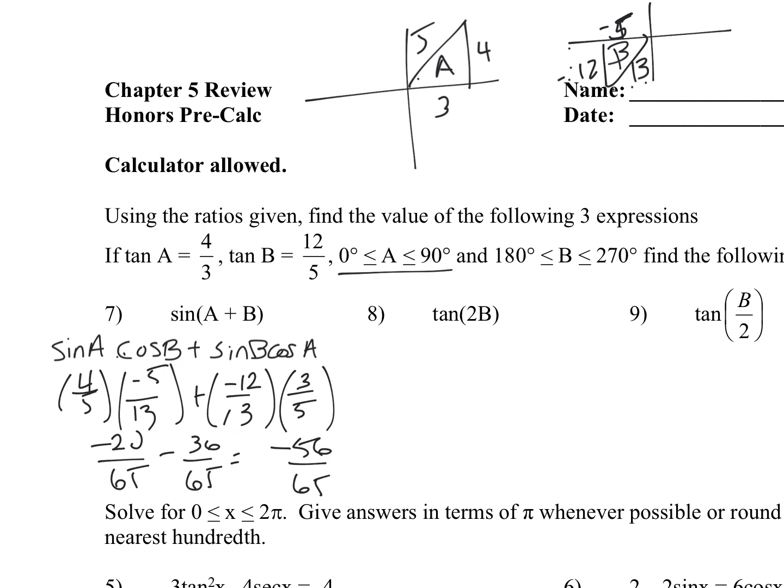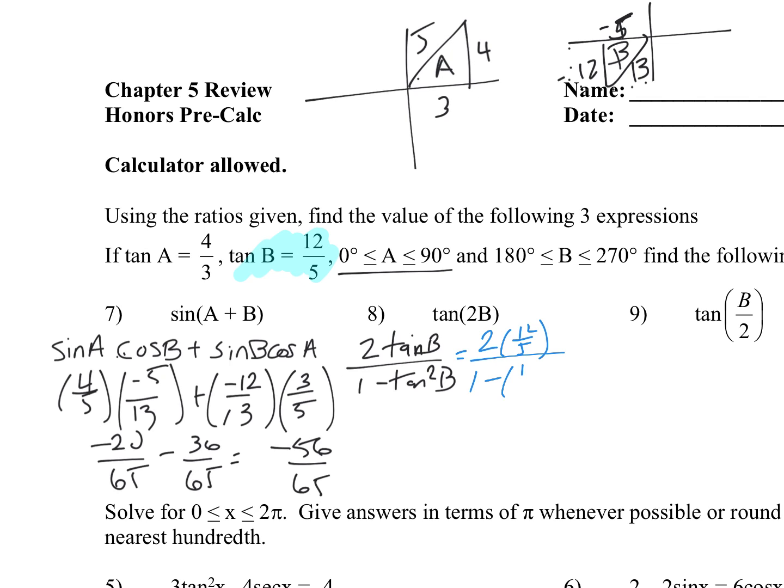Now tan of 2b, again, we have an identity for that. That's 2 tan b over 1 minus tan squared b. We already have this information, so that's actually really great that I don't even need the triangles for this. So I'm just going to replace tan of b with 12 over 5.